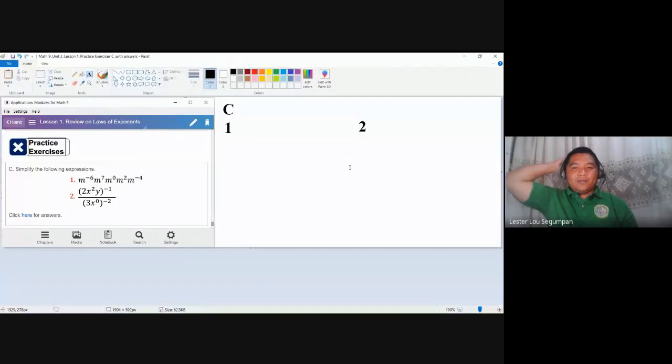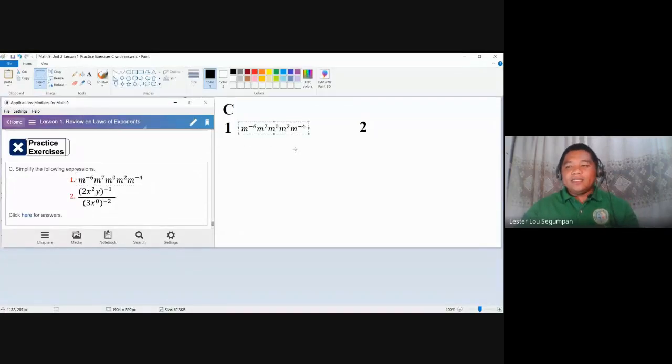I purposely placed only two numbers because just by answering these two numbers, we're actually covering already the whole laws of exponents. In number one, we have the expressions of the same base m.